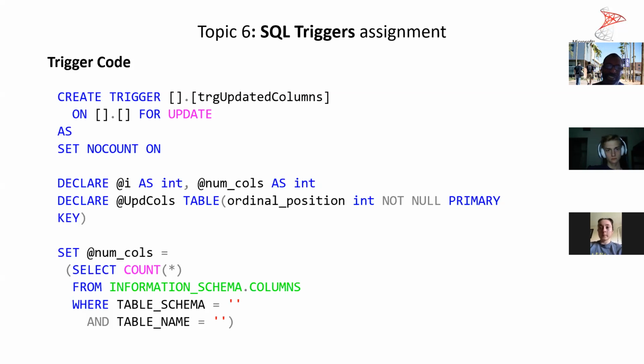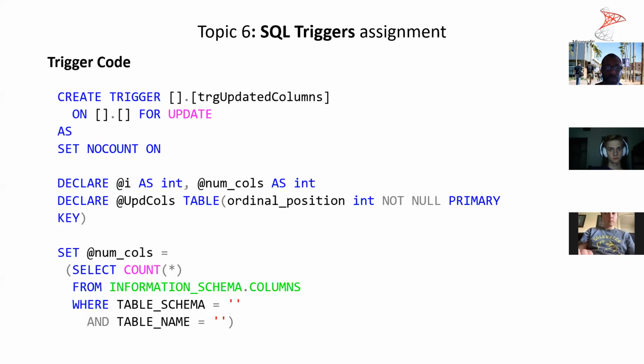And kind of a resultant, we'll call it a resultant table at this point, but don't let that confuse you. This part is just declaring a method for us to capture how the trigger is ran, or how the trigger is fired, excuse me, that's the correct verbiage. So then you set this variable num columns equal to this, and this should not be surprising.